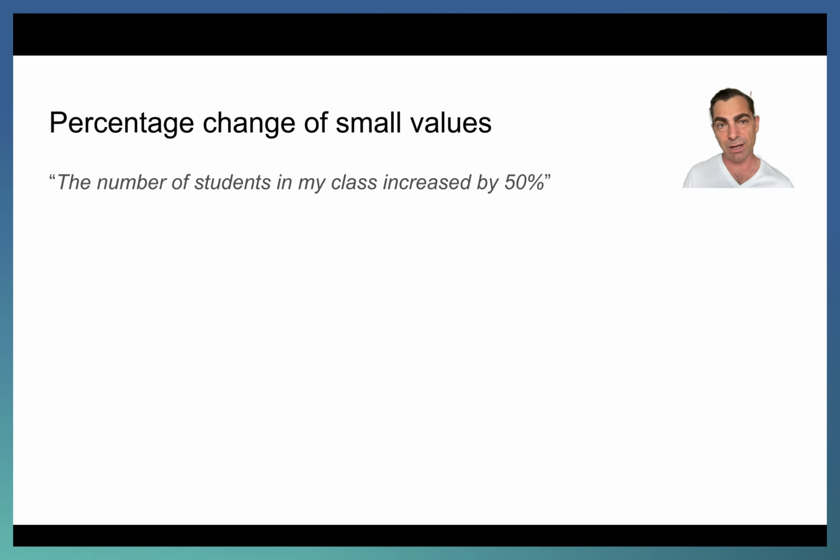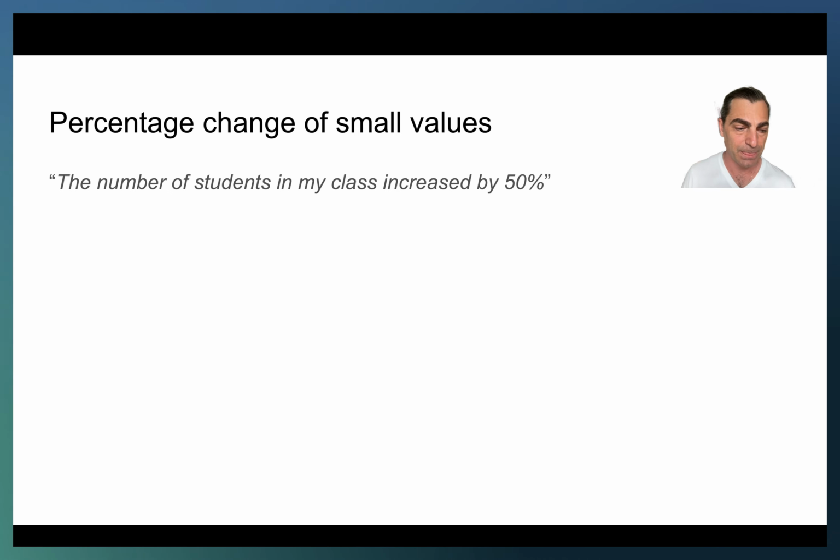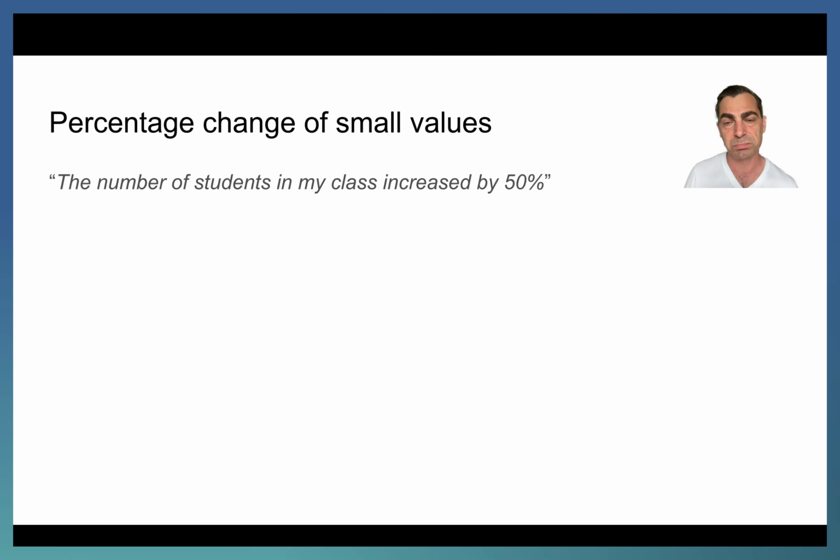If I tell you the number of students in my class increased by 50%, maybe again between previous year and current year, it seems like a pretty sizable difference, right? 50% more students in class is pretty big as a change.